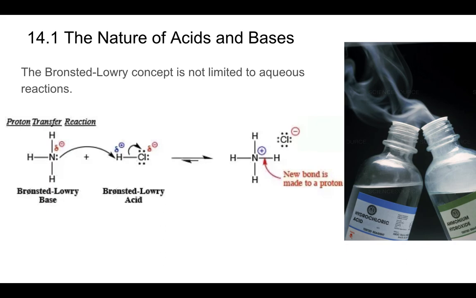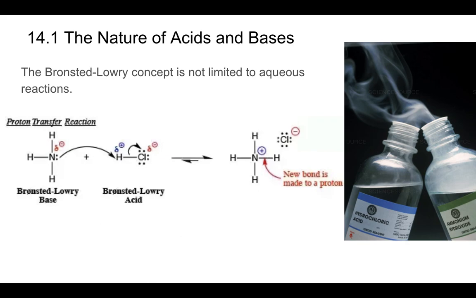NH3 has an unshared pair that can bond to H plus, and HCl has a weak bond between H and Cl, so NH3 plus H plus could form NH4 plus, and the Cl could become Cl minus, because HCl would be donating a proton to NH3.